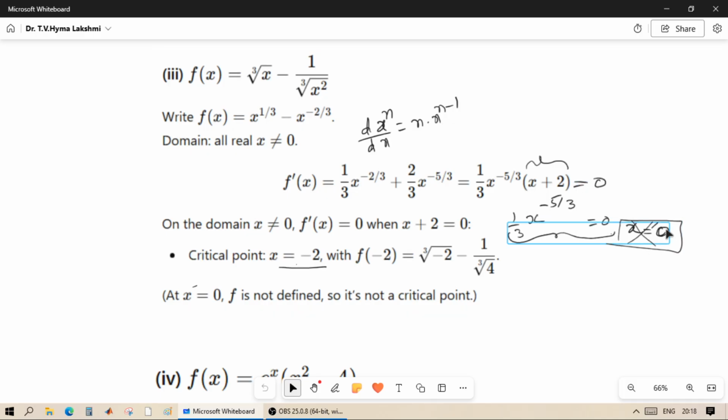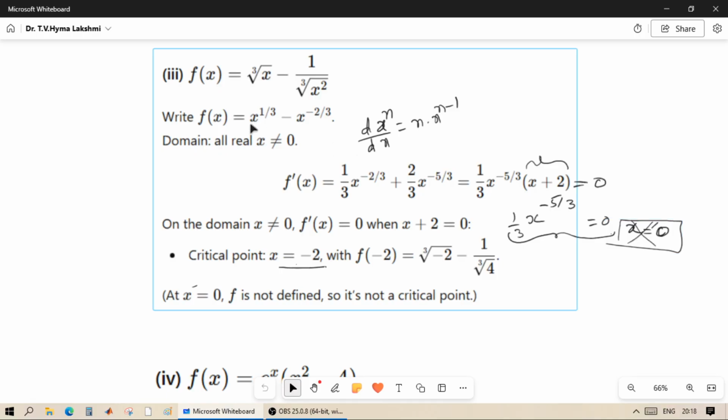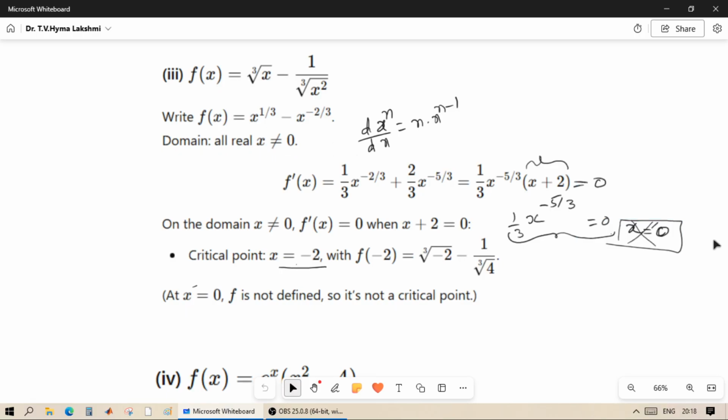But we should not take x equal to 0 as the critical point, because that is not in the domain. The domain is all real values except 0. So we should not take this x equal to 0 as the critical point.